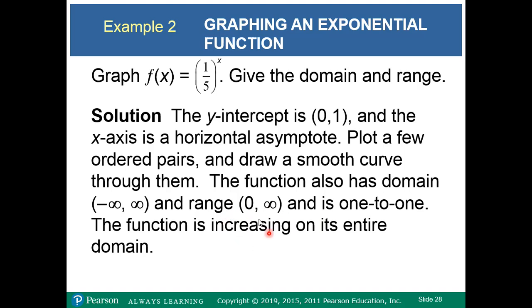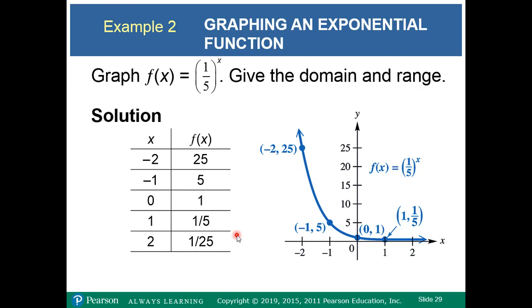This is decreasing on the entire number line. This is between 0 and 1, so this is a decreasing function, not an increasing function. And there we go, so we plotted negative 1 comma 5, 0 comma 1, and 1 comma 1/5. And so now we know it's going to go something like this.